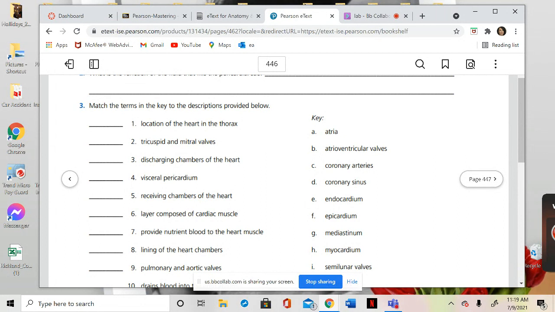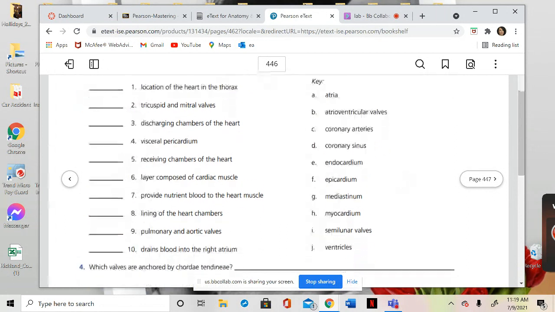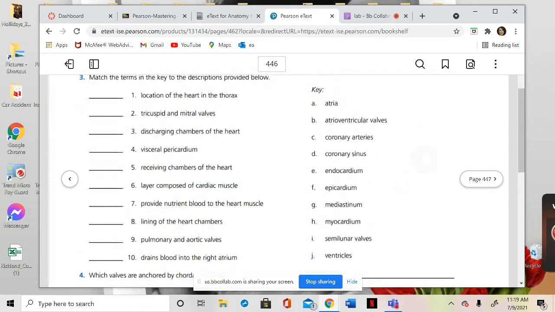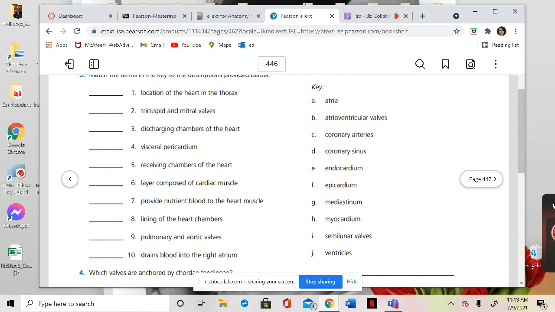Provide nutrient blood to the heart muscle, that's the coronary arteries, which is a C. Lining of the heart chamber, that's the endocardium, which is the E.